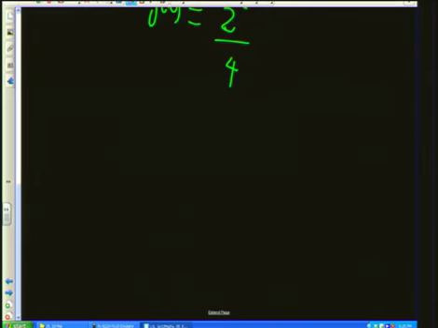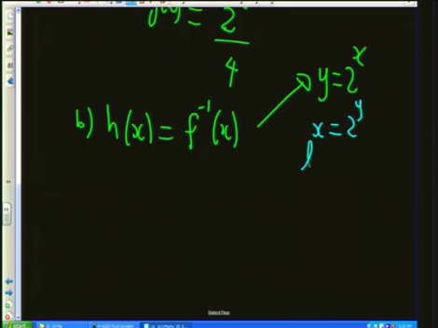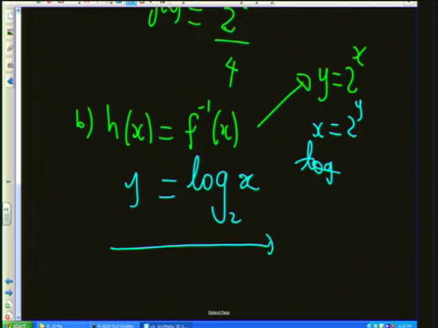So h of x is the inverse of f, but we know that f is y equals 2 to exponent x, and to work out the inverse, interchange x and y, so you get x is 2 to y. Therefore, your log, with base 2, of x. So in the form y equals, this is your inverse of f. I hope that helps.